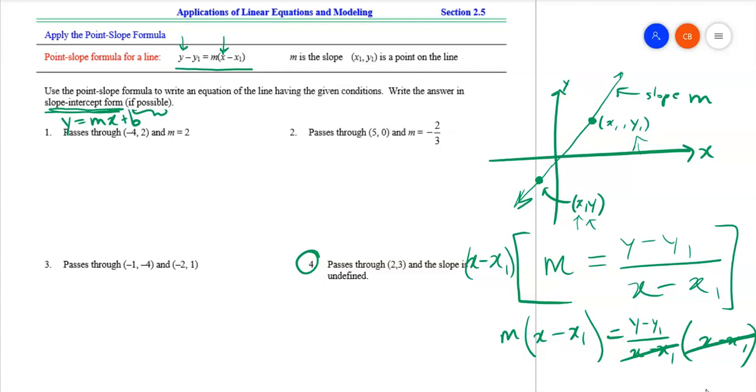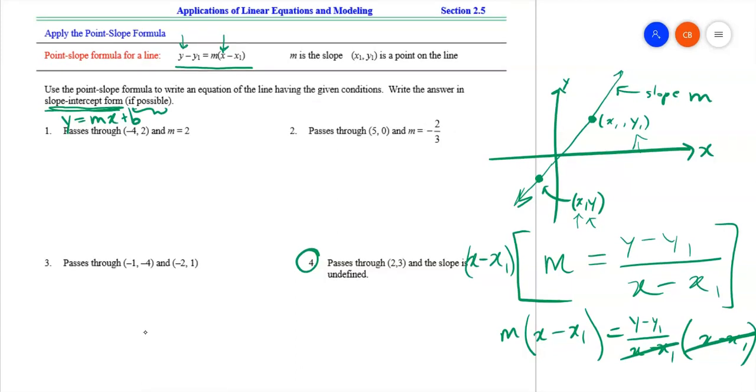So for number 1, we have a point that the line goes through, which is negative 4, 2. This is the point x1, y1 from the formula. And then we have the slope, 2. So we would just plug it in. We go y minus y1, which is 2, equals the slope 2 times x minus x1. But x1 is negative 4, so it's minus negative 4.